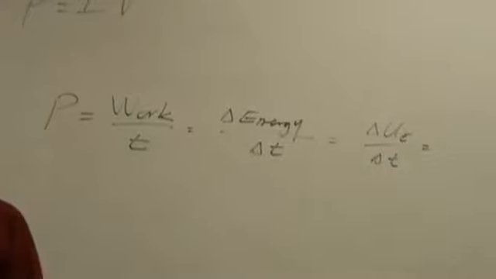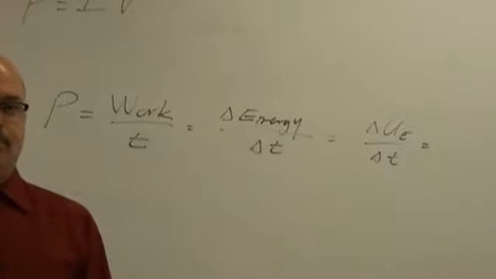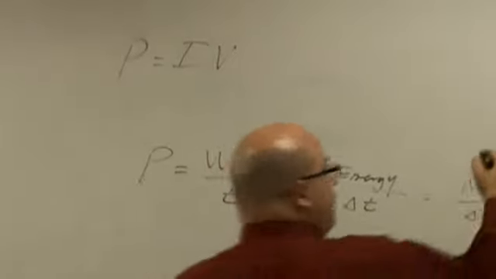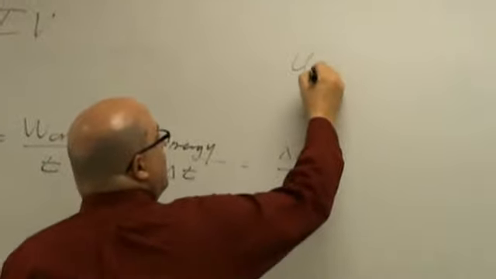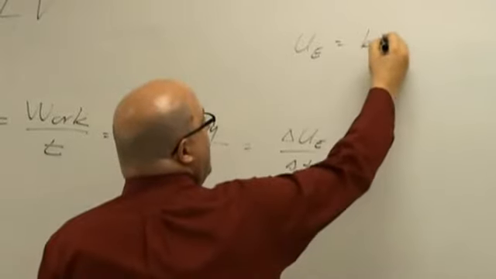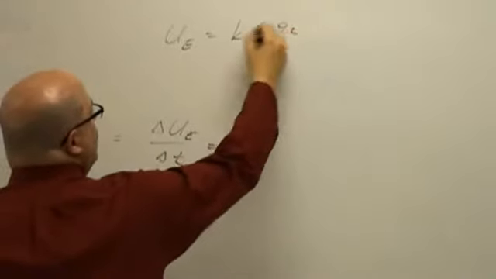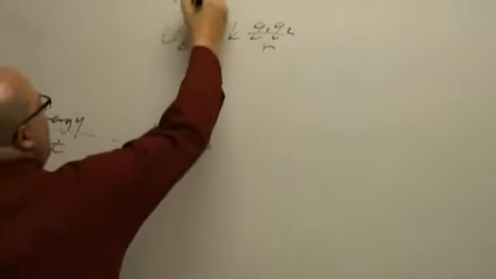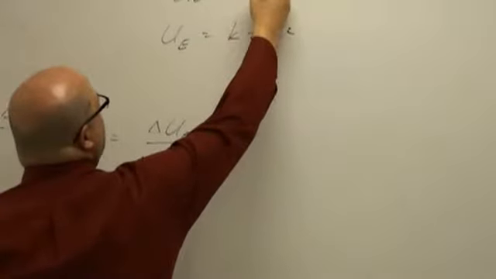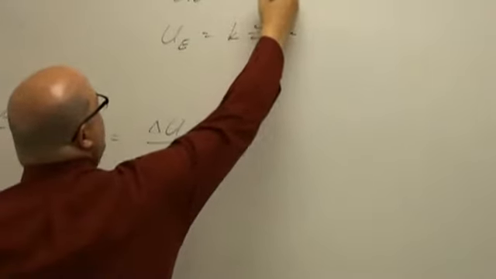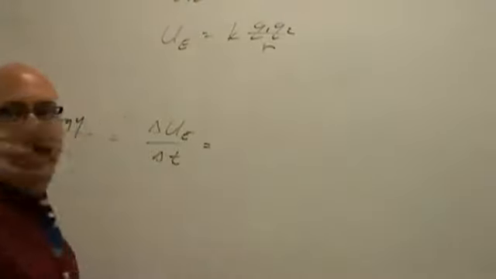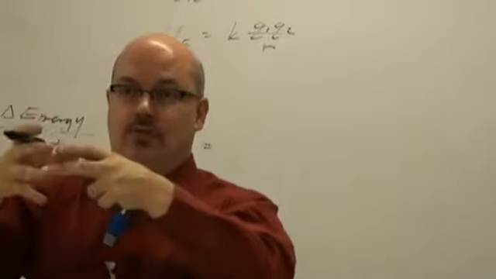What's our equation for electric potential energy? We have two. There's the k Q1 Q2 over R, and one half C V squared, but that's for capacitors. For capacitors, that was one half Q V equals one half C V squared, but that's only for the energy stored in a capacitor.